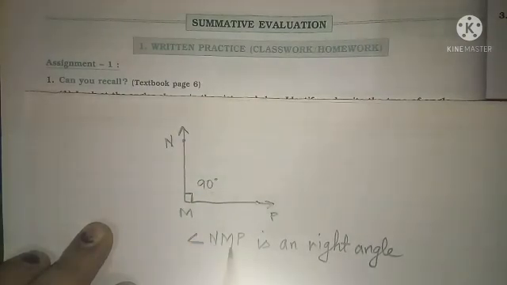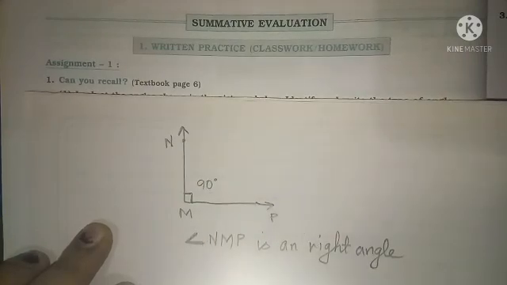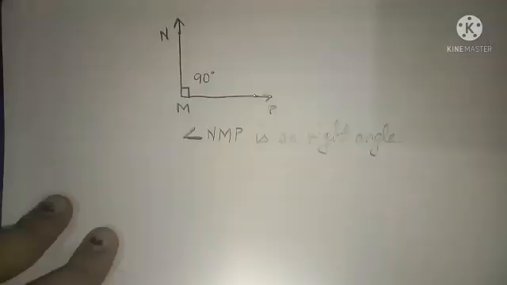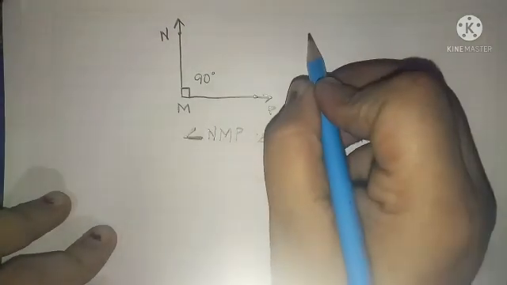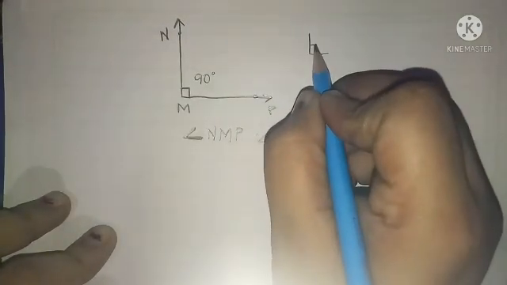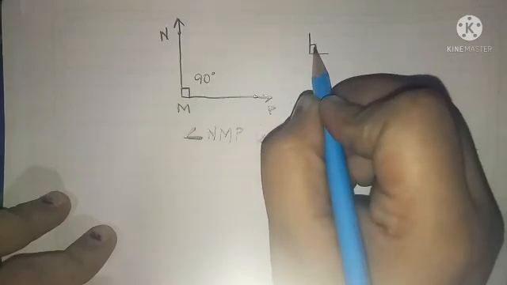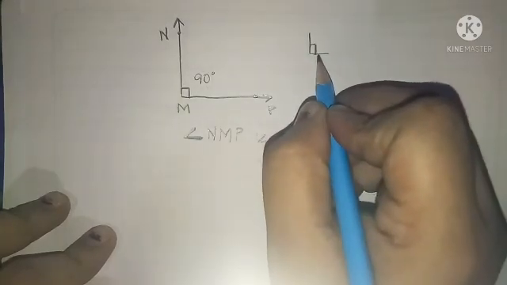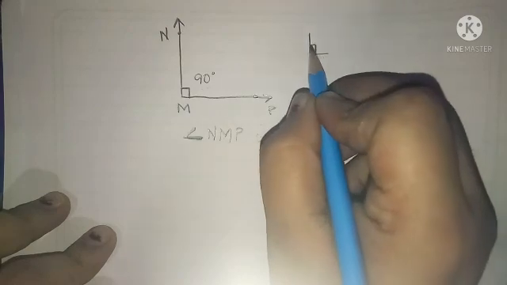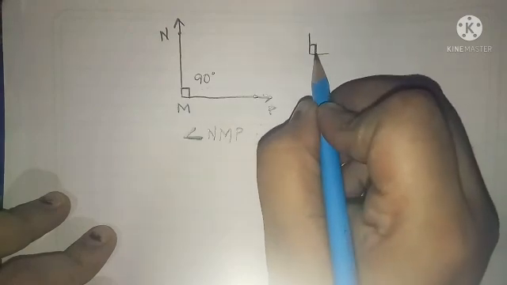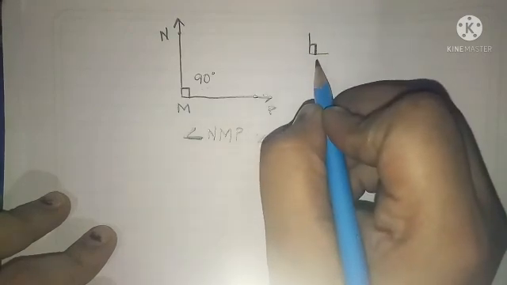And while writing the name for the angle, you have to show this angle sign. And students, always keep in your mind, when the angle shows this symbol, it is always a right angle.